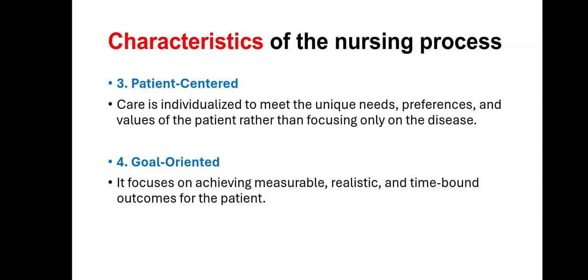So our main discussion in the nursing process is individualized care to the patient. We are looking at the patient alone and not at the ward. We are not looking at how many patients we have in our ward. We are looking at Mr. Banda alone and meeting all his unique needs.